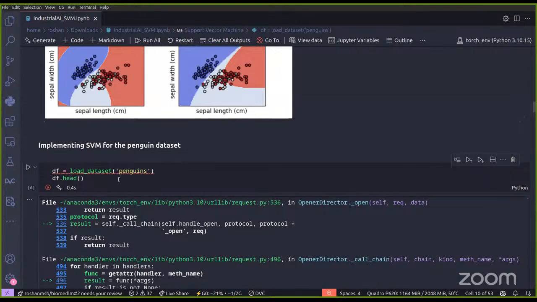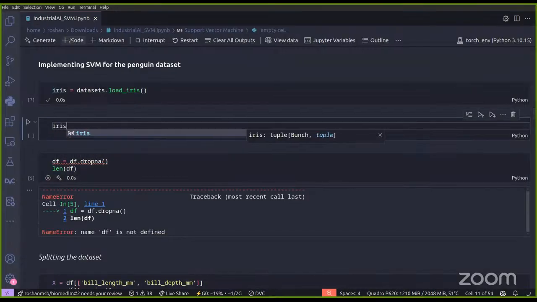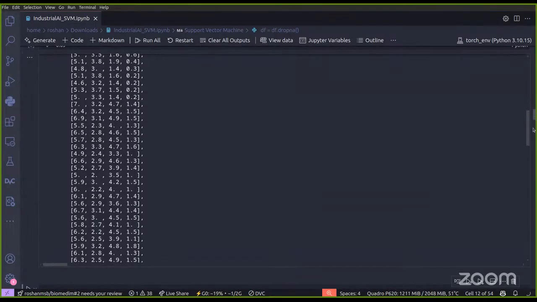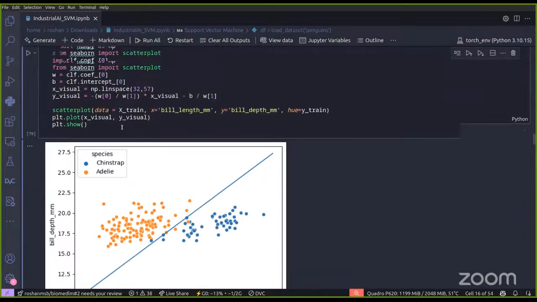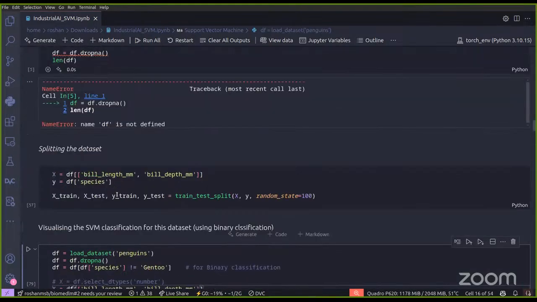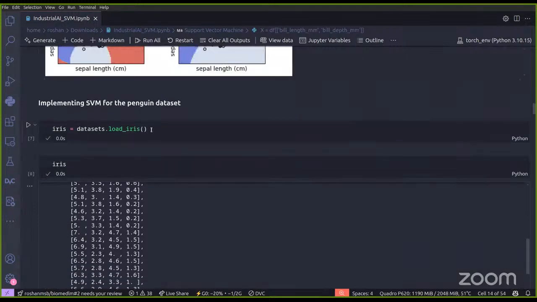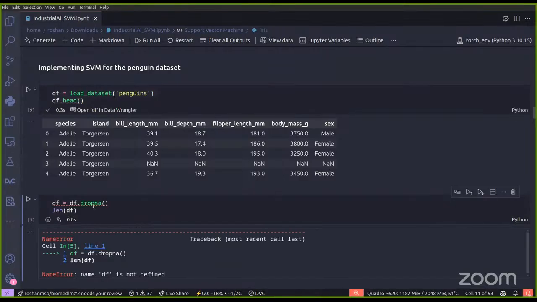I'm having some issue loading the penguins data set, so we'll go ahead with the iris itself. Yeah, now it's loaded.